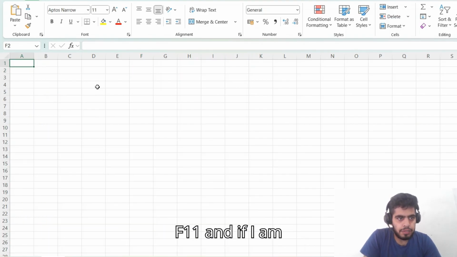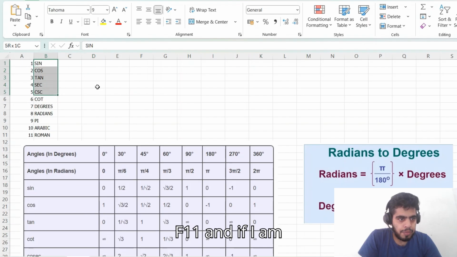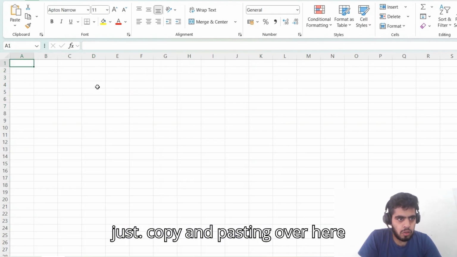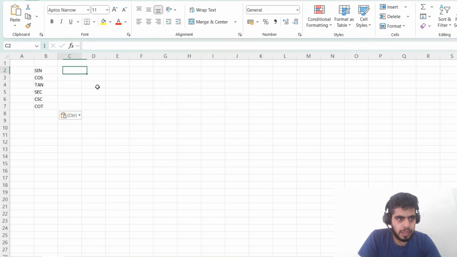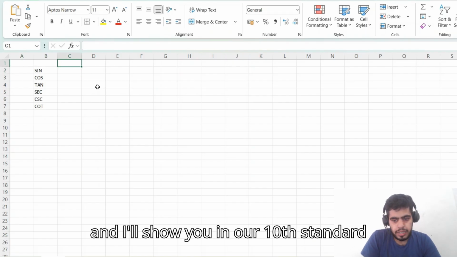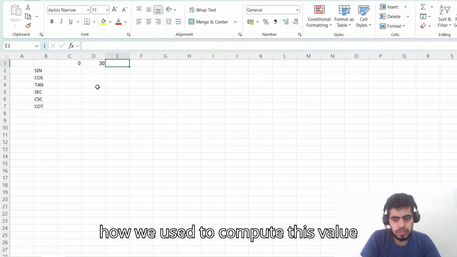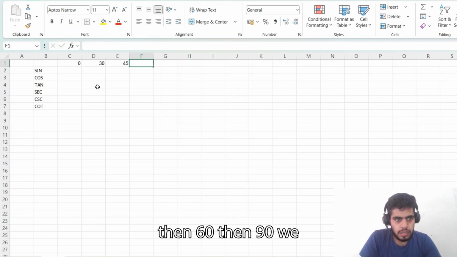Along with that, I'm jumping to another table so that I can show you how the values are being derived here. Pressing shift F11, I copy and paste over here. I'll show you how in our 10th standard we used to compute these values: 0, 30, 45, 60, 90.